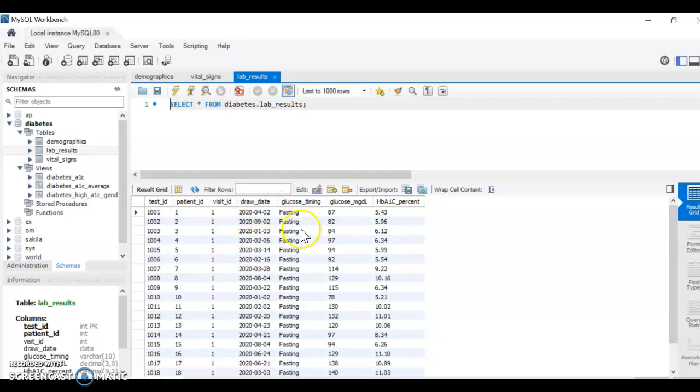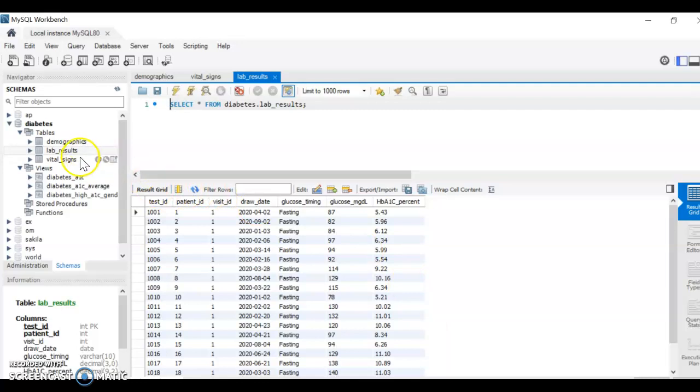We can have their draw date, if they were fasting or non-fasting for their glucose test, their actual glucose values, as well as their A1C. And additionally, we can add more blood tests here if needed. This table gives us great information on some of the vital signs of their patients and also provides us with the A1C percent for each of the patients that comes in for the registry.